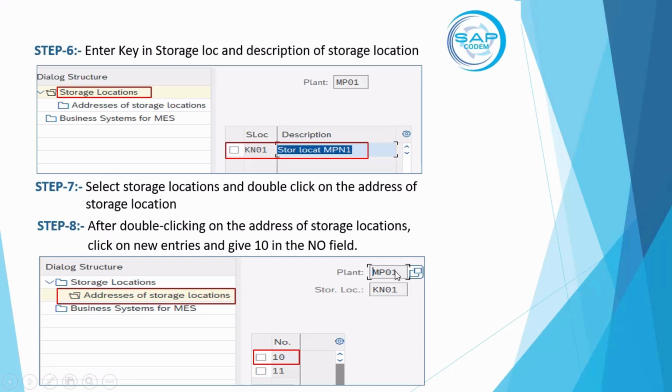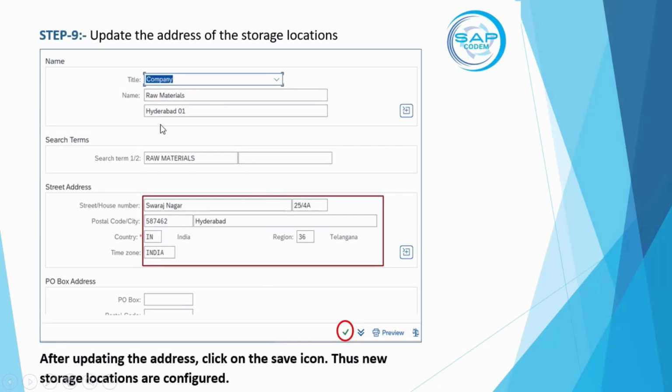After you finish this, you have to double click on address of storage location. Immediately you see that the plant has been mapped to the storage location. Double click on this one, and this screen will pop up. You enter the details of the storage location: where it is located, what's the address, what's the region, and so on.